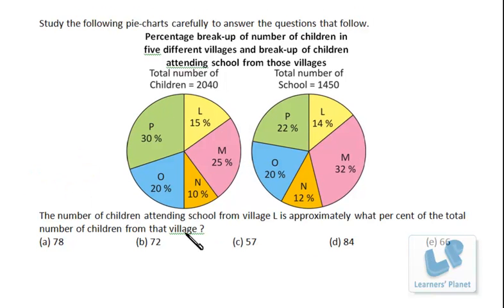Now, the number of children attending school from village L is approximately what percent of the total number of children from that village? So the total number of children from that village is 2040 into 15%, and the number of students attending the school is 1450 into 14%, into 100. So that is the calculation we have to make. Let's solve it quickly.